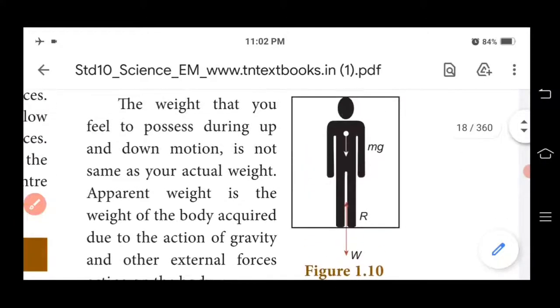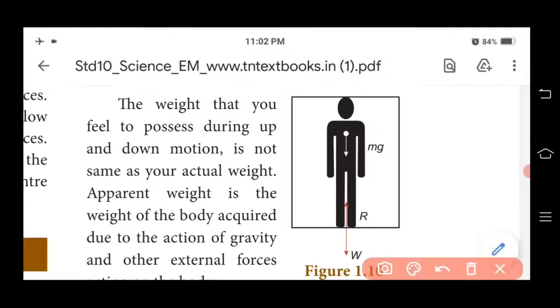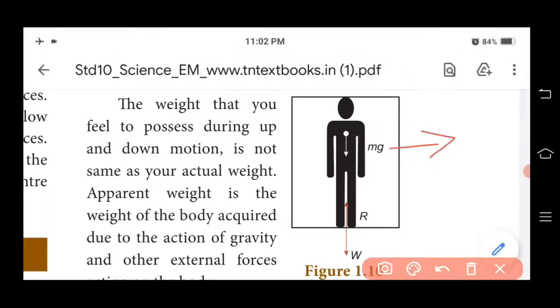See in this picture, m into g is nothing but W. Weight is acting downward. The arrow mark is given here, downward arrow mark, and then apparent weight R is acting upward. So here R is acting upward and W is acting downward.